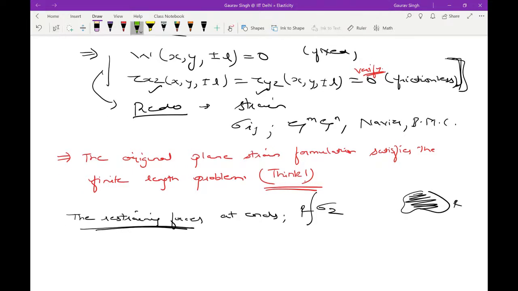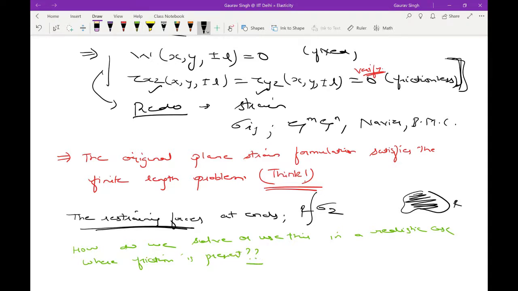Now, how do we solve or use this in a realistic case where friction is present?